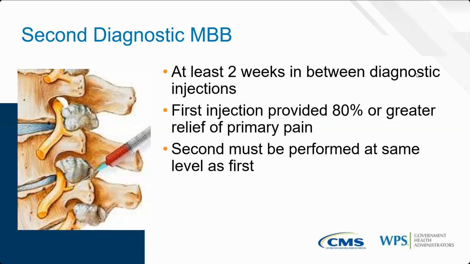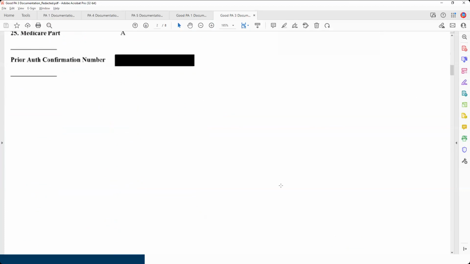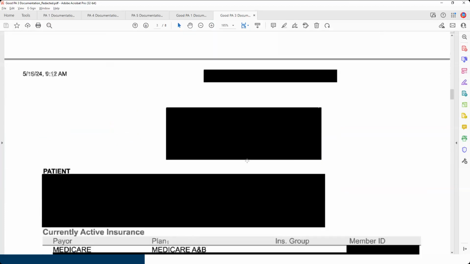So at least 2 weeks in between the diagnostic injections, and then we need to have evidence that the first injection provided 80% or greater relief in the primary pain, and the second must be performed at the same level that the first was.